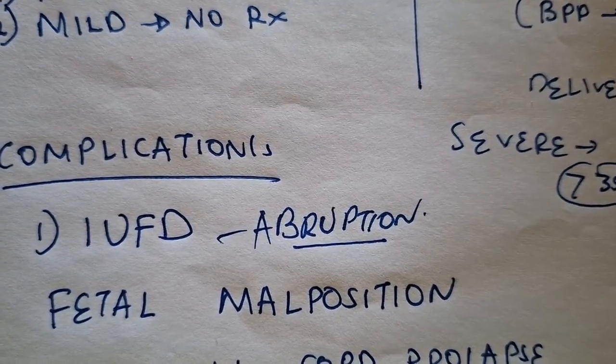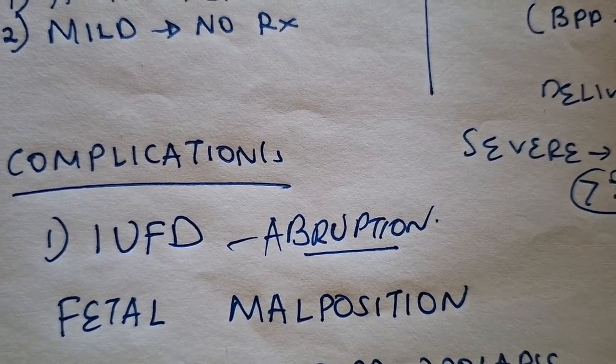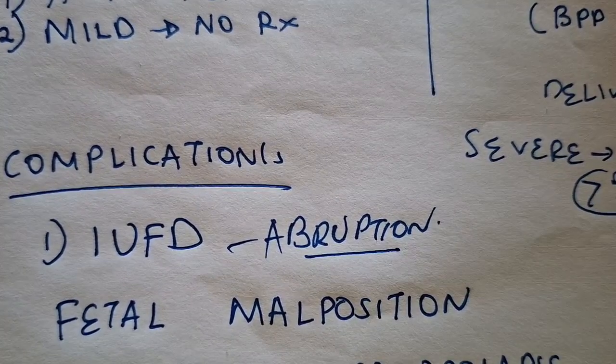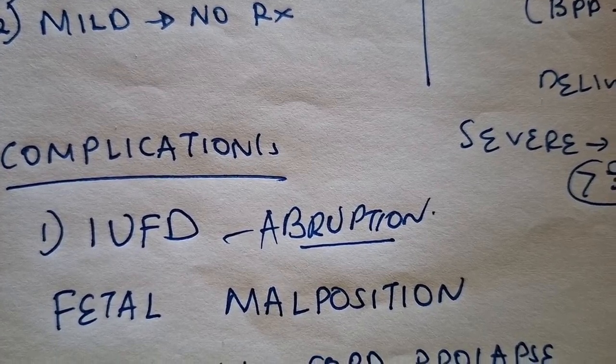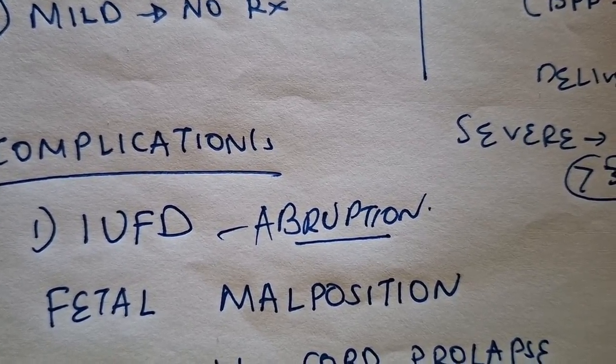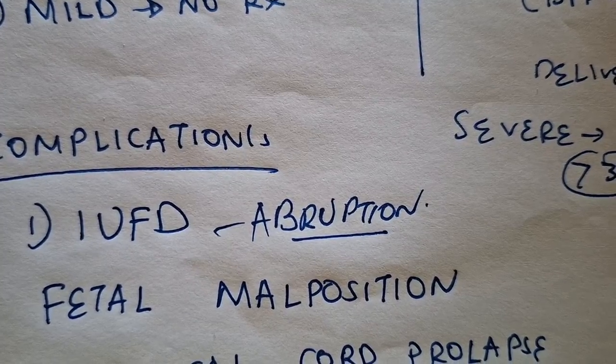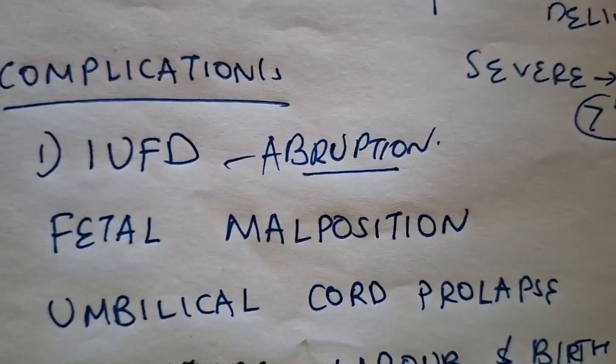Number 2 is fetal malposition. Remember, when the fluid is in there, the baby will not assume a constant posture. Time and again, they'll keep on turning, and they might end up with breech or any malposition that is not cephalic, and this might be a complication to consider.